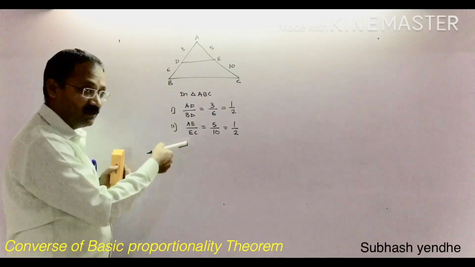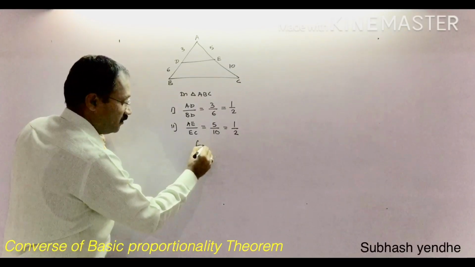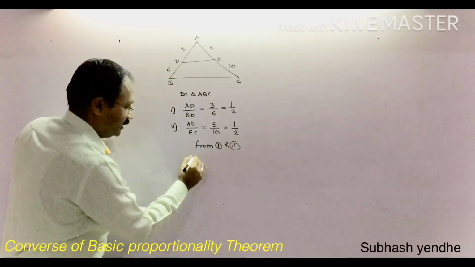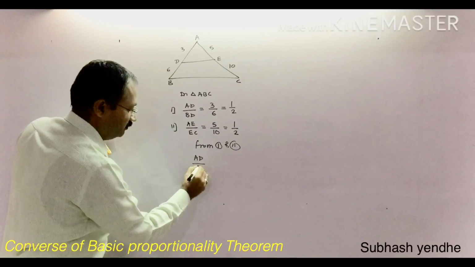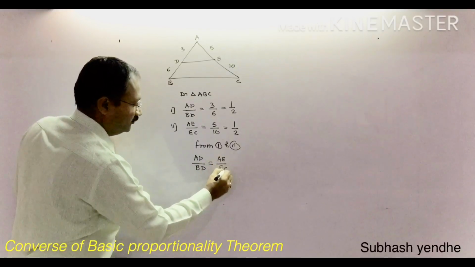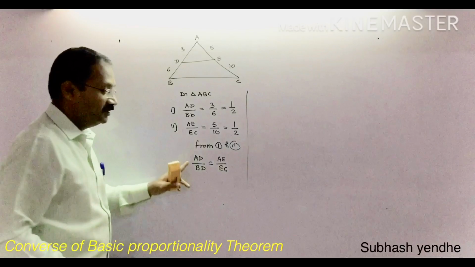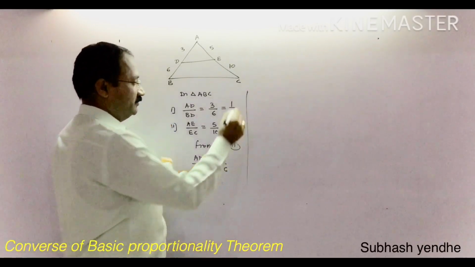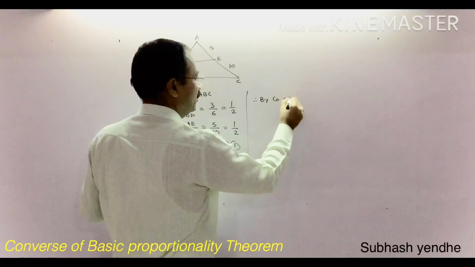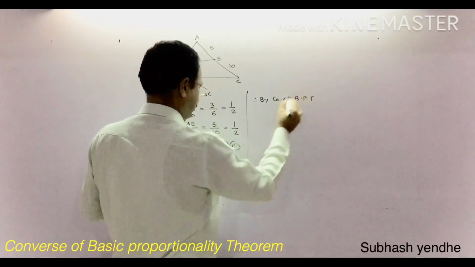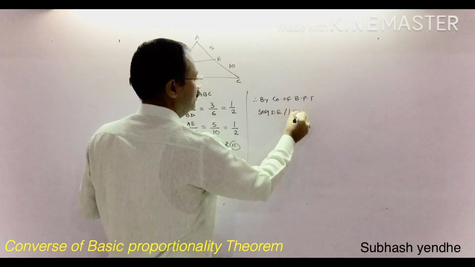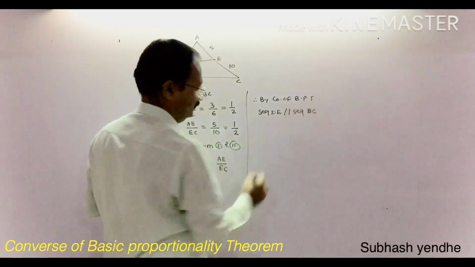So what do you observe from these two? From 1 and 2, you get AD upon BD equals AE upon EC. It says that this ratio is equal. Therefore, we can say that by converse of BPT, segment DE is parallel to segment BC.